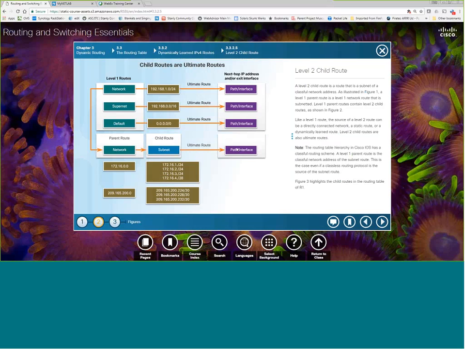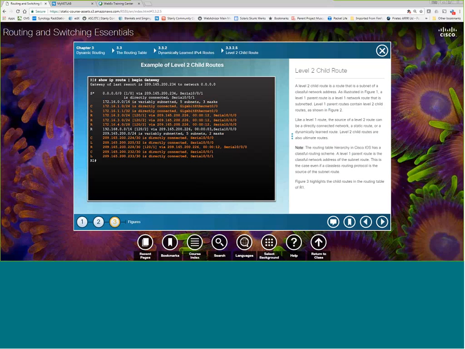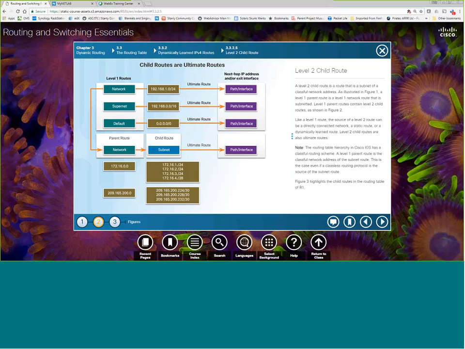This was very important in the past, and it's still important, but it was very important in the past because it used to be when you didn't have a default route, if you went into a hierarchy, in other words, if I went down into this hierarchy and jumped in here and started looking at the child routes and did not find a child route, it used to be that if the router was not performing classless routing, it would not go back out and try to find a default route, okay? But now today it will.